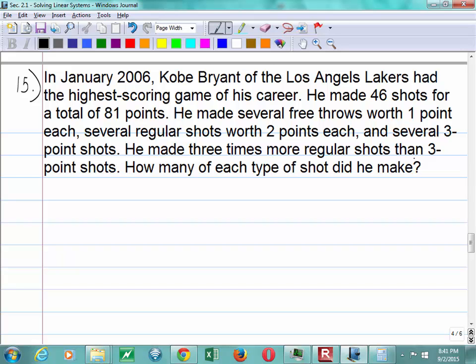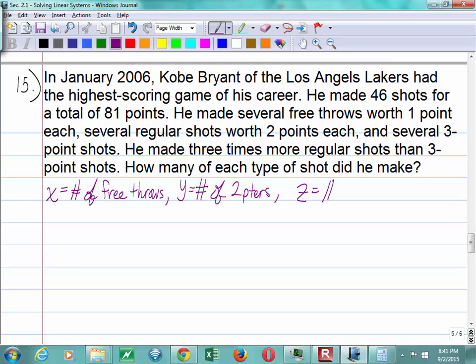Okay, so I'm going to have x equals number of free throws, y equals number of 2-pointers, and z equals number of 3-pointers.